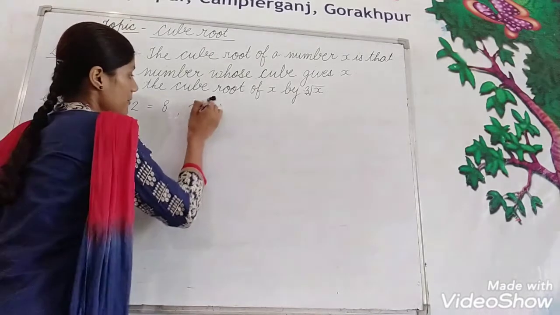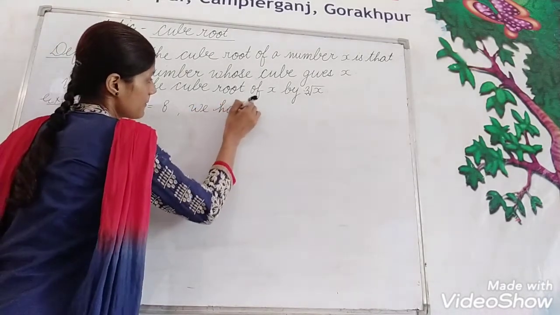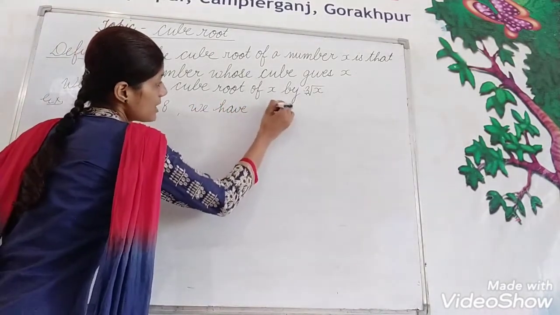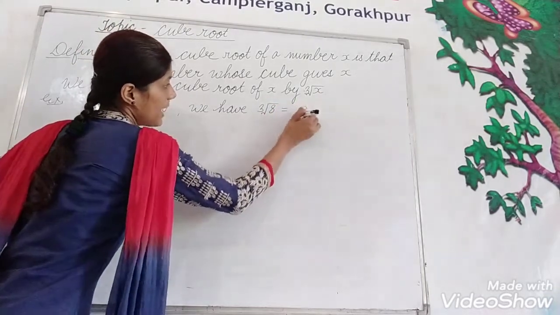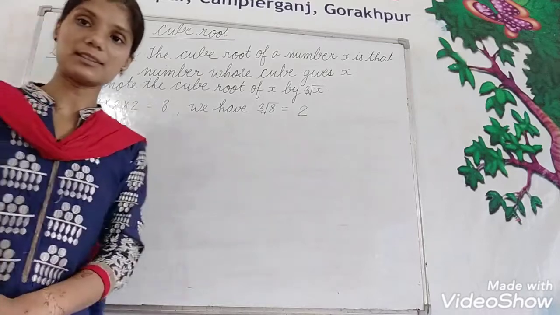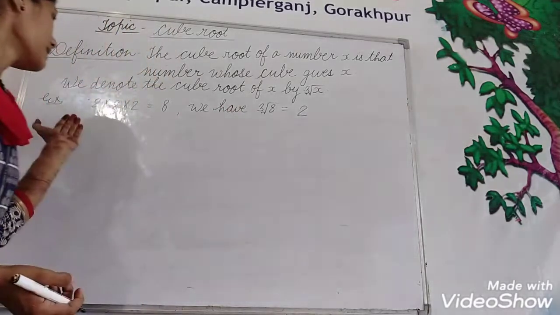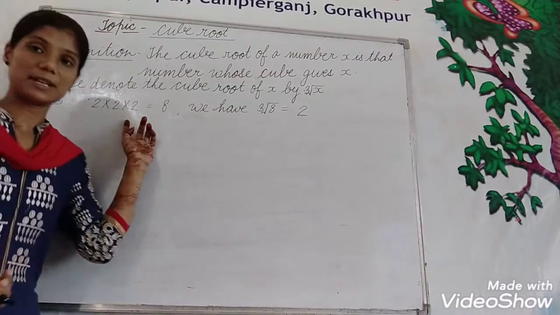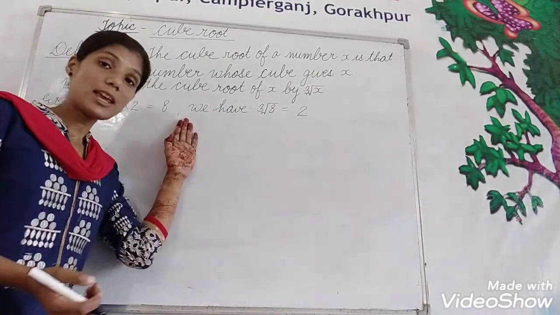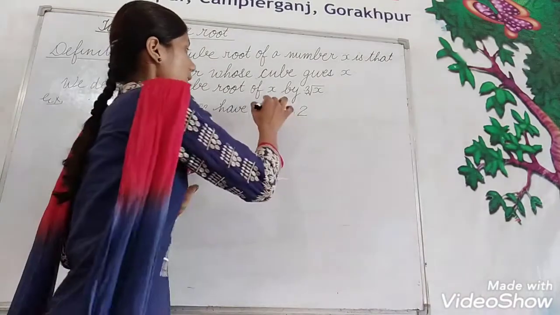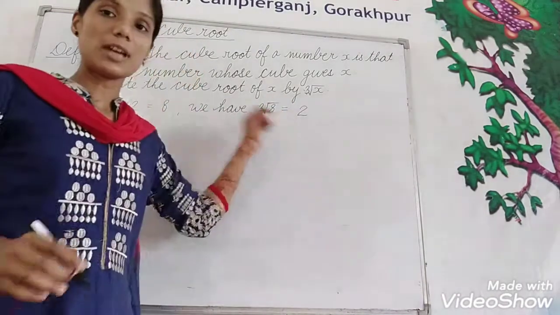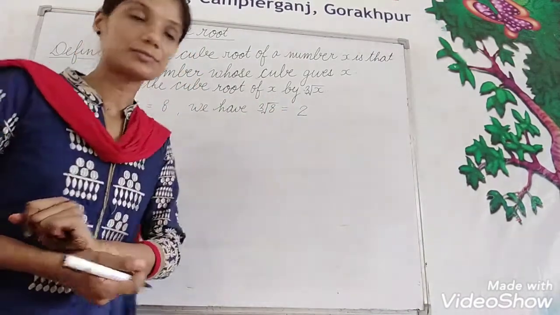After that we have the cube root of 8, that means 2. When we are given 2 multiplied by 2 multiplied by 2, your answer is 8, and the cube root of 8 is 2.